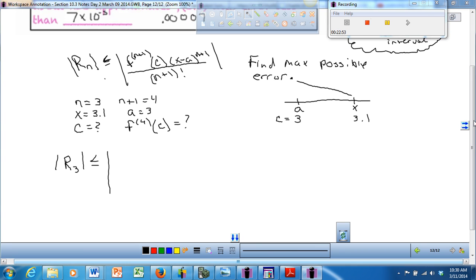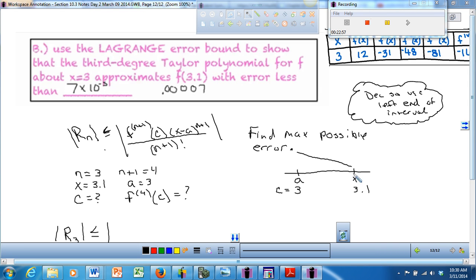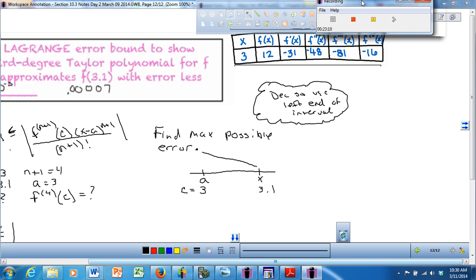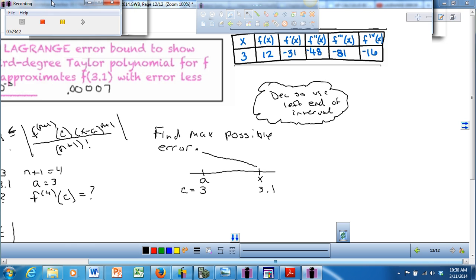Well, we had a table that's just given to us. If c wasn't 3, we get to plug it into whatever. So they would have had to give us a function to take the derivative, which they didn't do for us here. This is what I mean. They sometimes find a way to give you the information in some other form. So they told us the fourth derivative at 3 was negative 16.